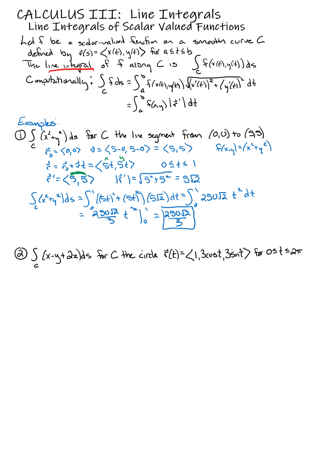All right, let's take a look at the second example. Let's take a look at the line integral over C of x minus y plus 2z ds for our path C being the circle r of t equal to 1 plus 3 cosine t, 1 for the first component, 3 cosine t for the second, and 3 sine t for the third.